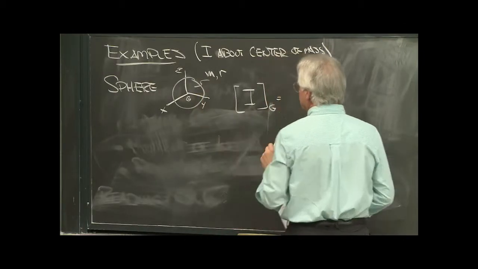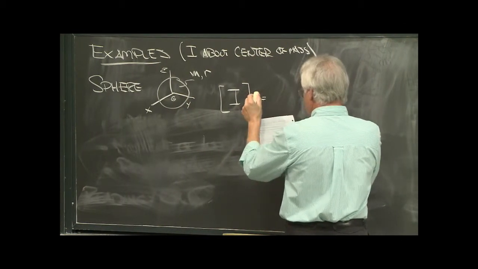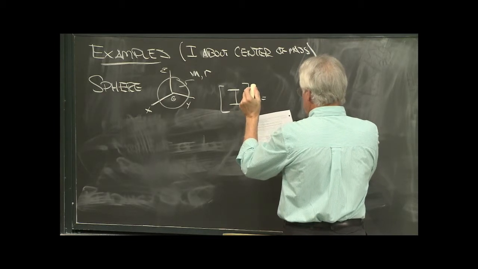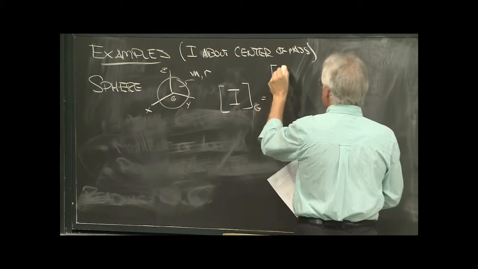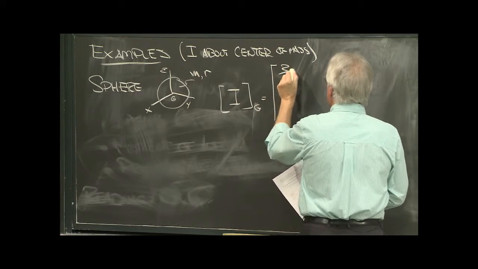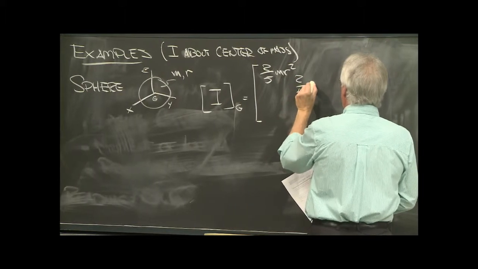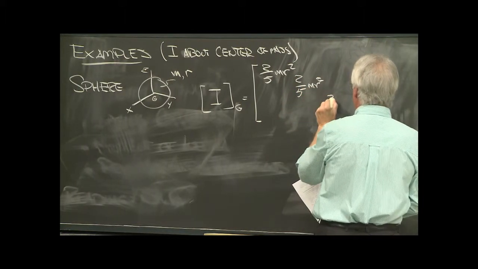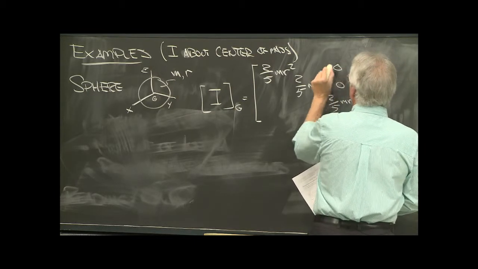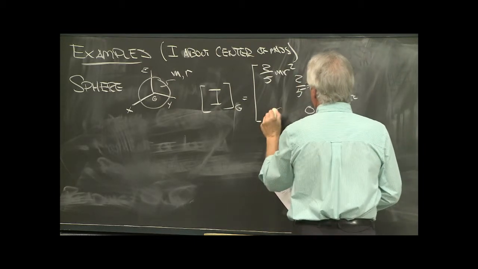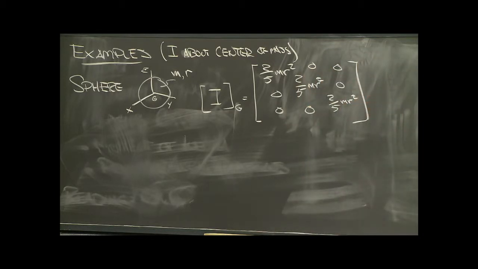You still get to choose the directions, but the center of mass is that. And let me say this, for the sphere, this one is about as simple as they get.